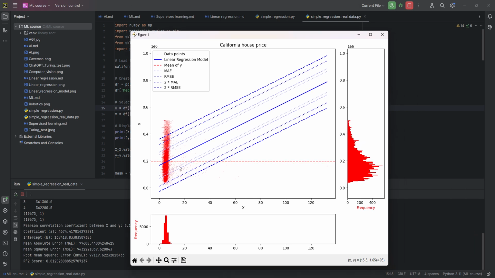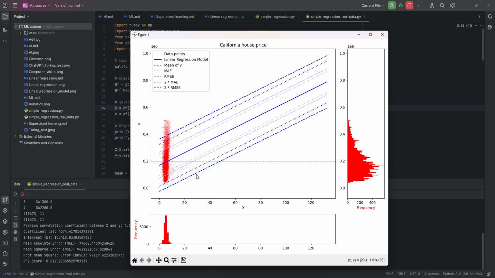And as you can see, for this feature, the distribution across the X is very unbalanced. The number of rooms is around five, mostly between 3 to 7, but we have data across this axis from 10 to 140 rooms.